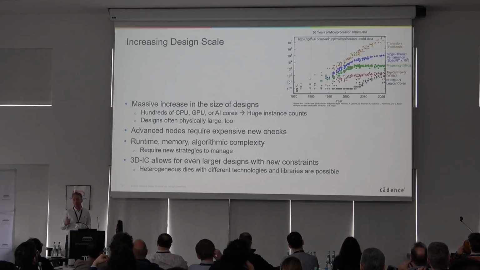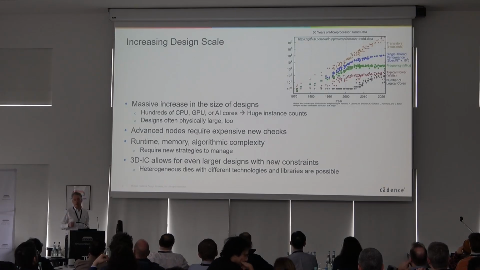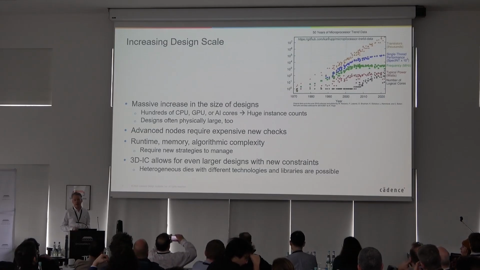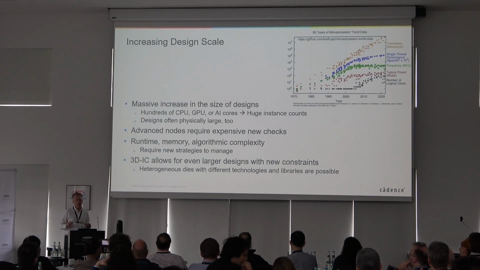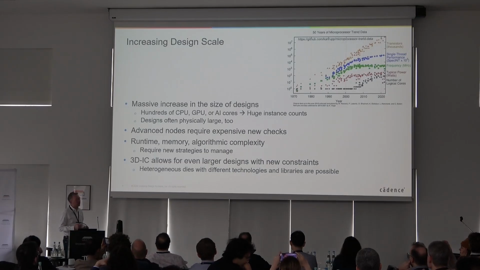And we're now seeing designs which are hundreds of cores or more. We're seeing huge increases in the number of standard cells that people are trying to optimize to make up your big SoC. And that's some dimensions, but it's also the number of clocks being huge, the number of power domains, and so all of the assumptions that we've made for EDA tools are constantly being violated. We're constantly being pushed.